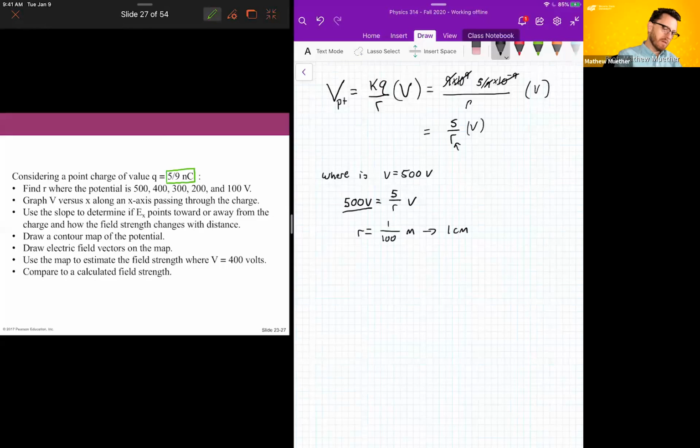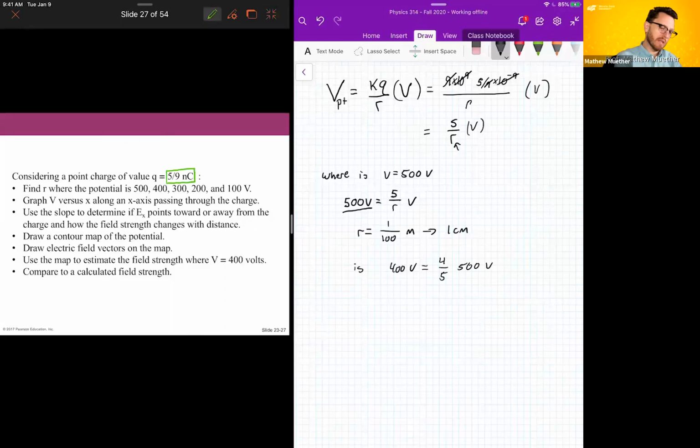Okay, where is this thing 400 volts? Well, I could do the calculation again, but I can also see that it just has to scale, right? 400 volts is 4/5 of 500 volts. It's 4/5 of the original one.